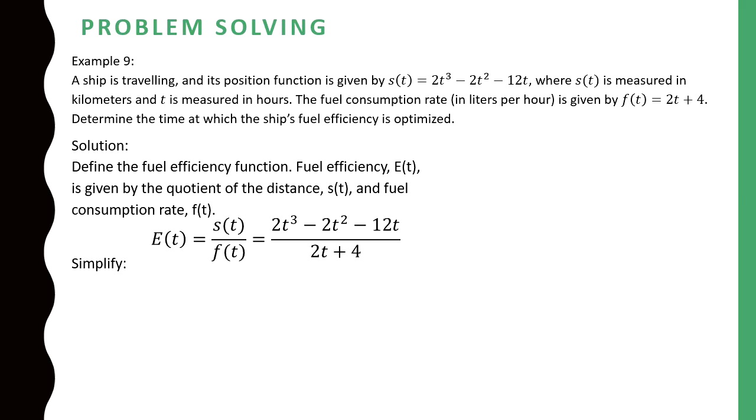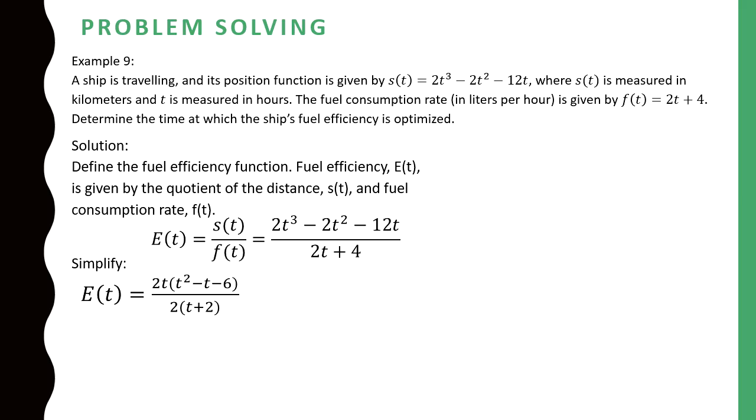So let us factor out or simplify this first. 2t cubed minus 2t squared minus 12t could be simplified as 2t times t squared minus t minus 6. And 2t plus 4 could be factored out as 2 times t plus 2.